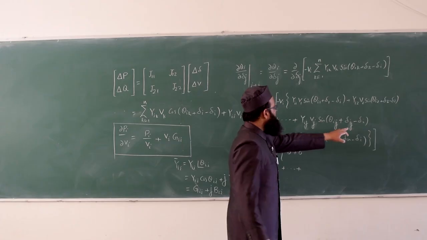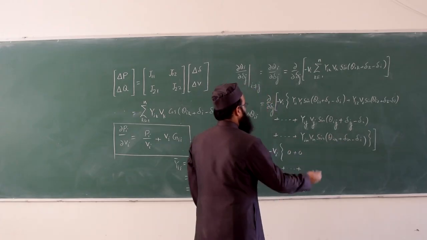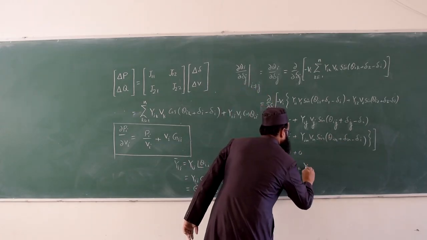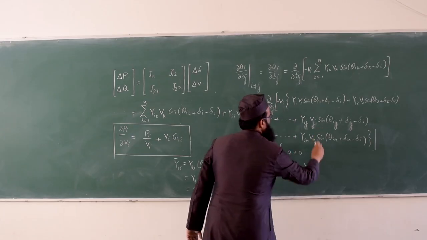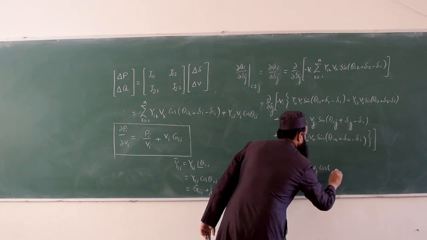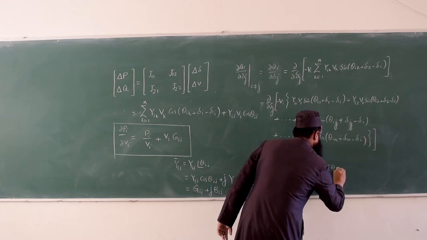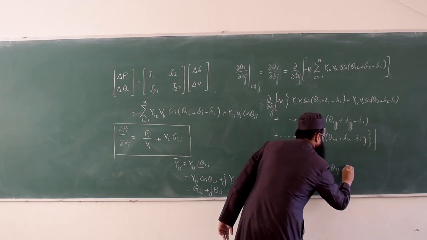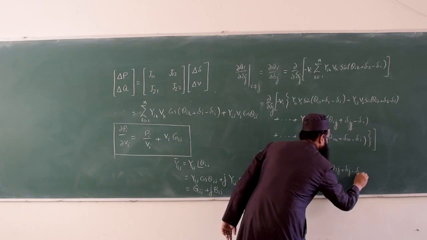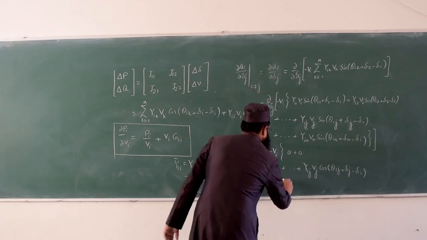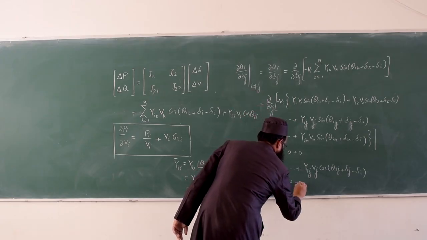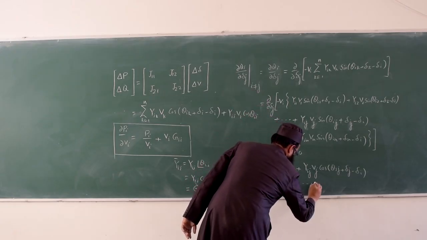So, delta j sine cosine will get Yij Vj cosine of theta ij plus delta j minus delta I plus 0 plus 0.